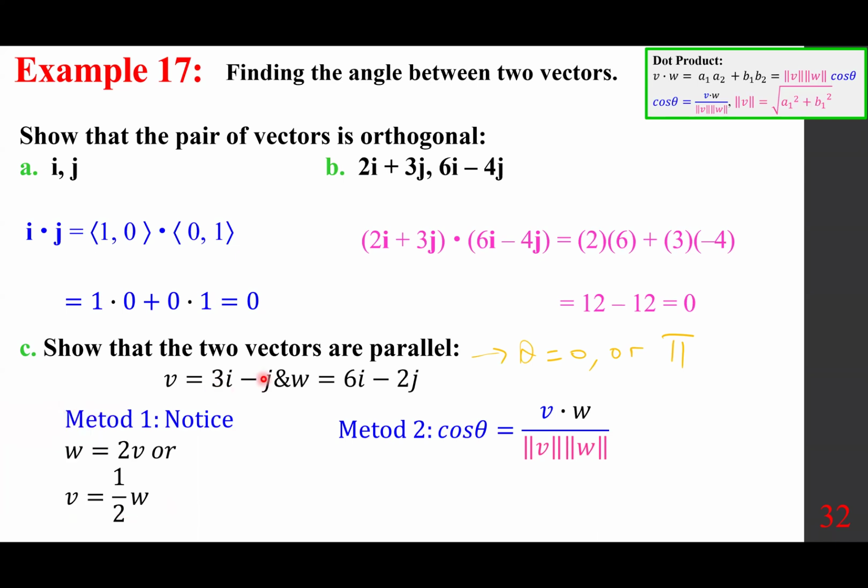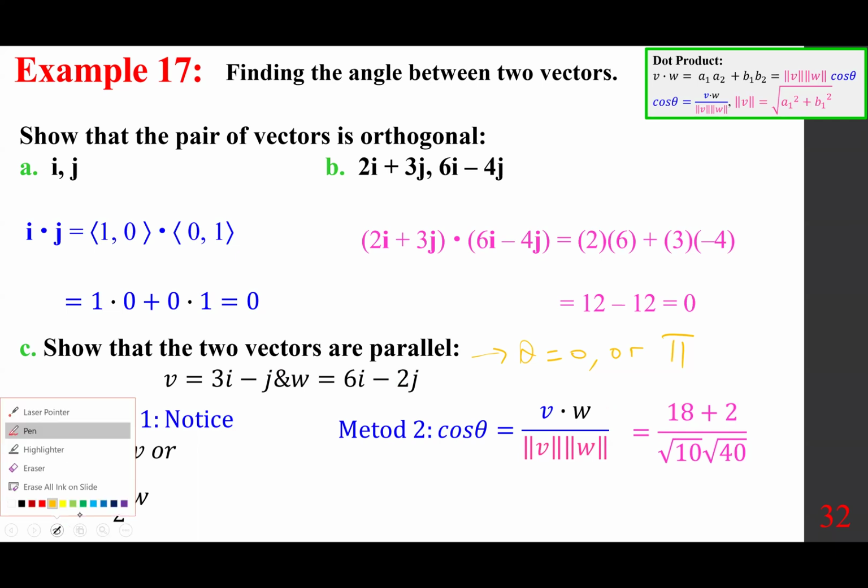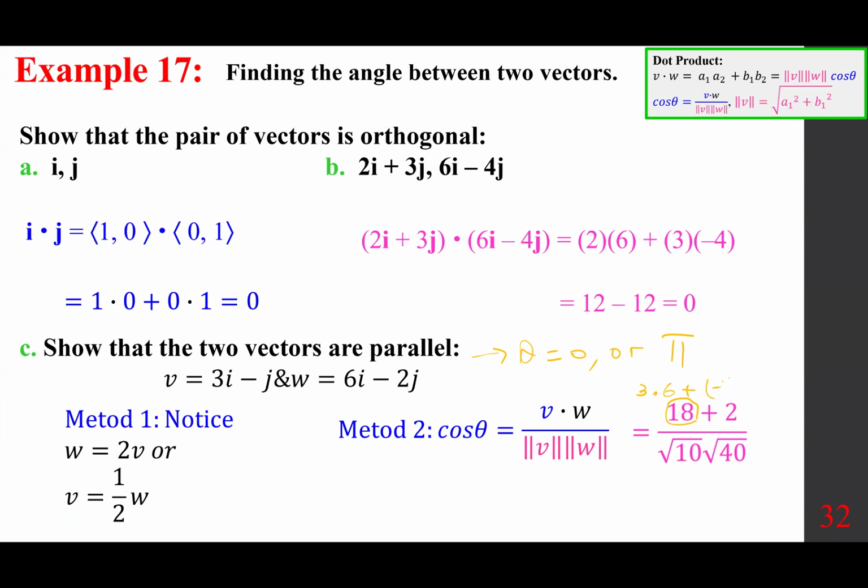We get 3 times 6 minus 1 times minus 2. That means 18 plus 2. Again, I want to make sure that we understand this. This one is 3 times 6 plus negative 1 times negative 2.